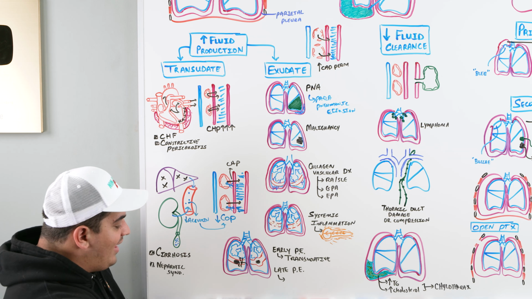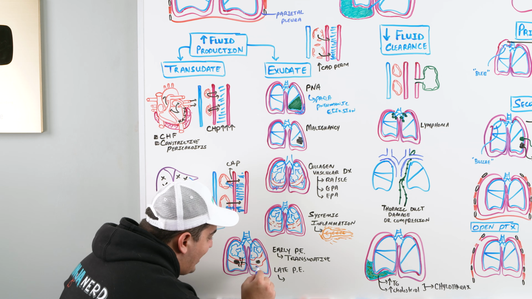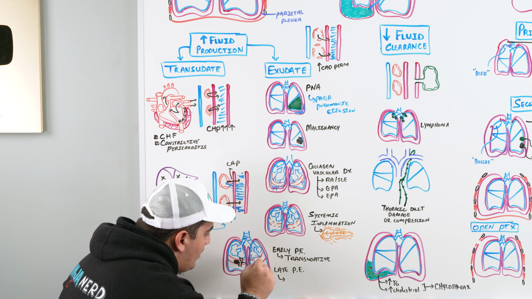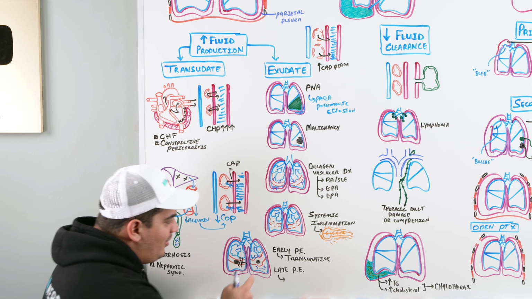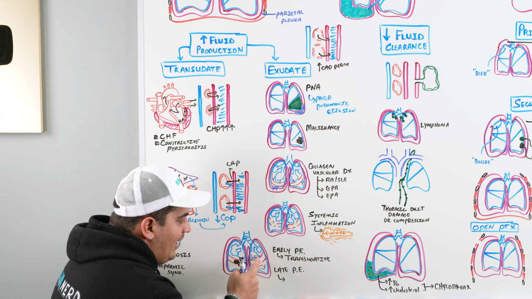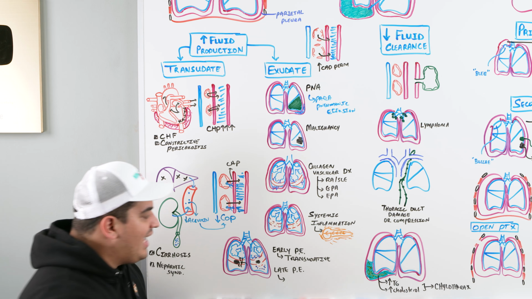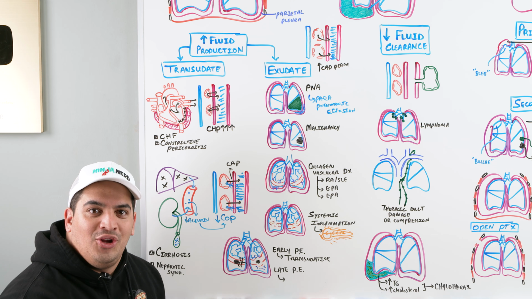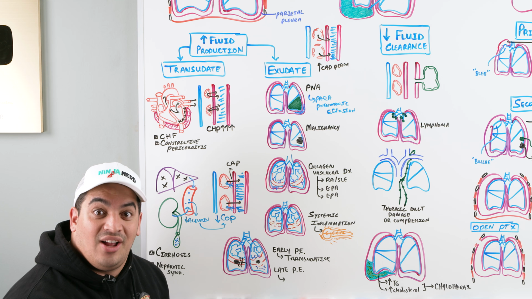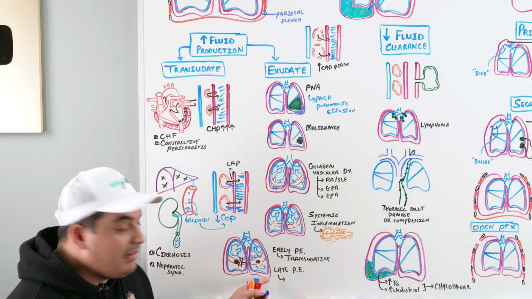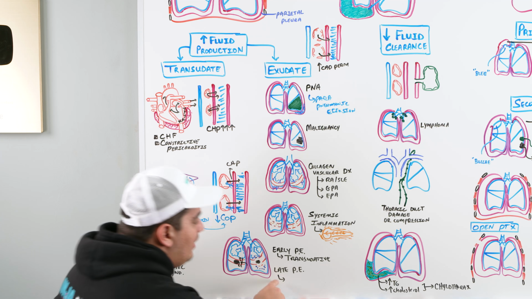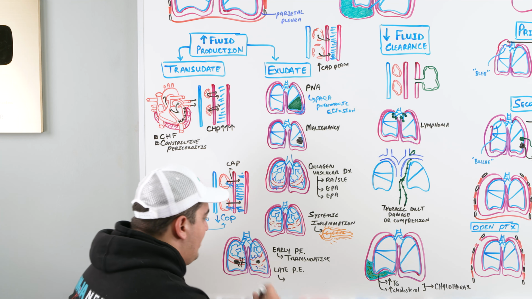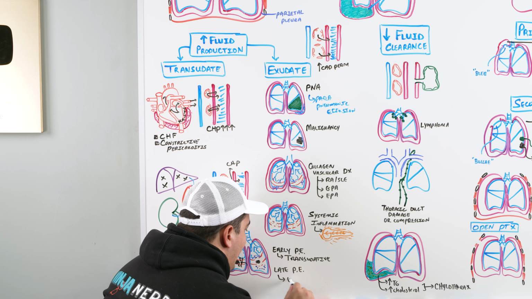So these chemical mediators get released by endothelial cells and other types of immune system cells. If inflammatory mediators are released, what do they do to the capillary permeability now? They increase it. If you increase the capillary permeability, what's going to happen now? You're going to allow for fluid and proteins and cells to leak out of the capillaries into the pleural space. What is that now called? An exudative effusion. So in the later stages of a PE, it tends to present more like an exudative effusion.